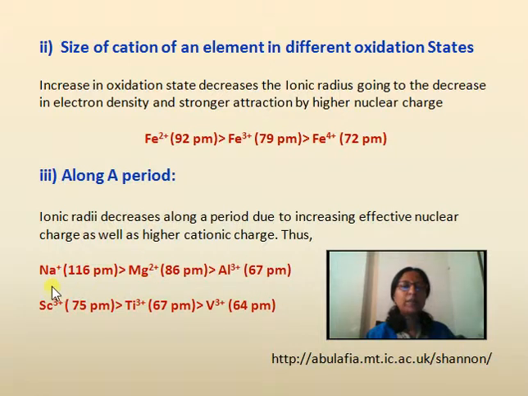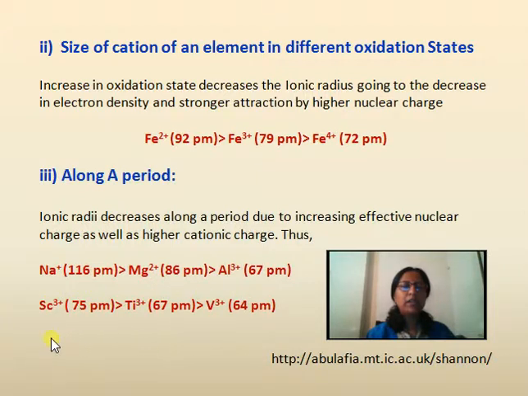So what is happening? As they belong to different groups, they have different oxidation states: Na+, Mg2+ and Al3+. As the charge is increasing, we have already seen that as the cationic charge increases, the size decreases, and again here the positive charge in the nucleus is also increasing, so the size is decreasing.